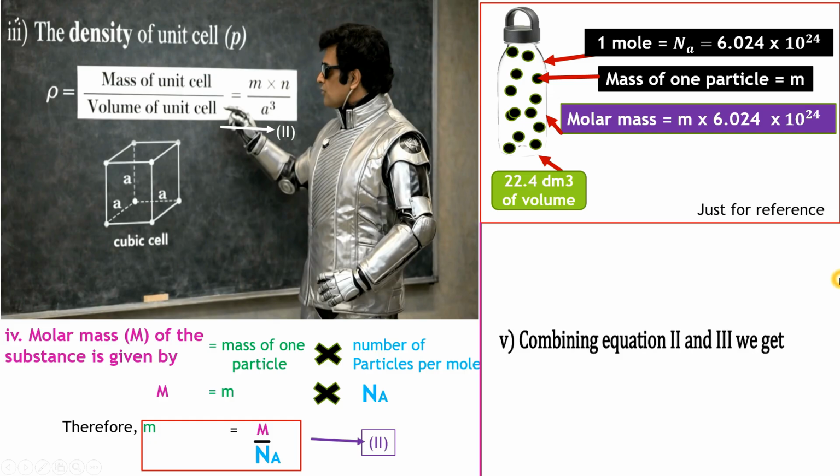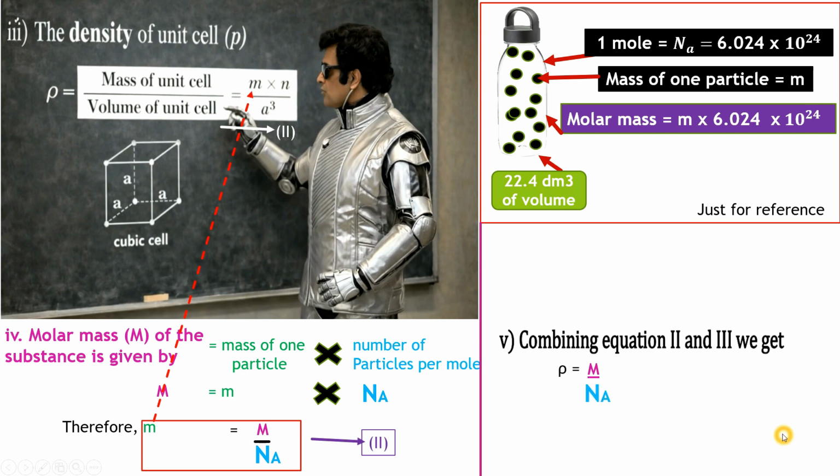Now combining equation 2 and 3, I will substitute the small m in equation 2. Instead of small m, we write capital M upon Na. So the equation will be rho equal to capital M upon Na, since small m is substituted by M upon Na.